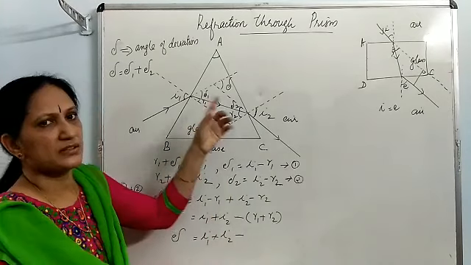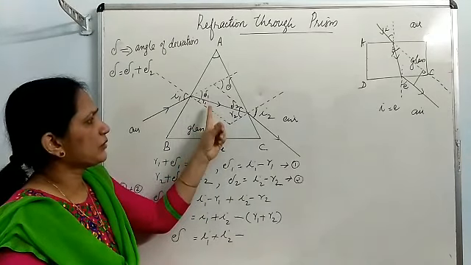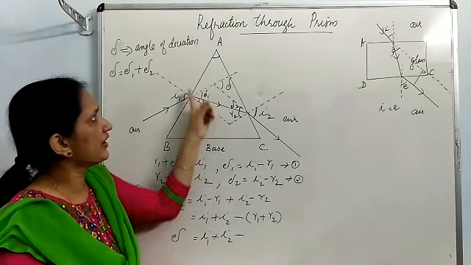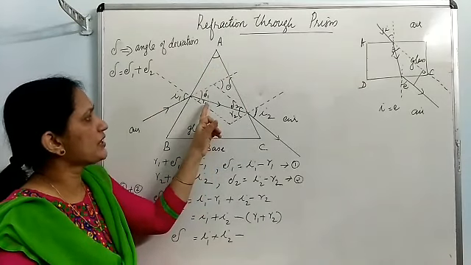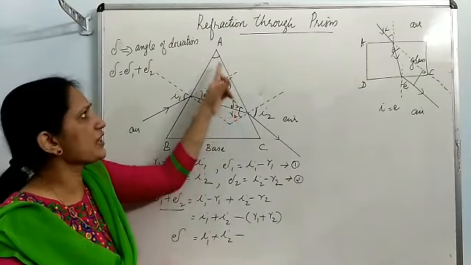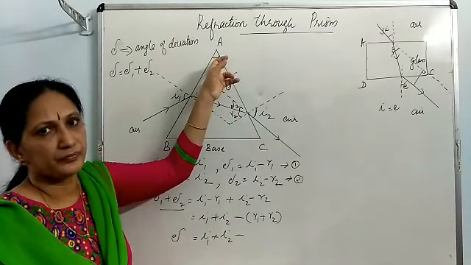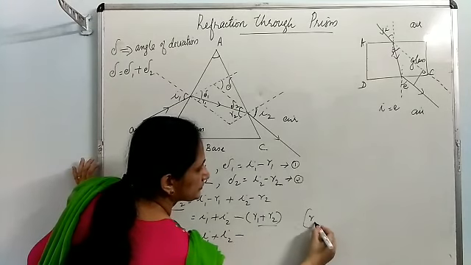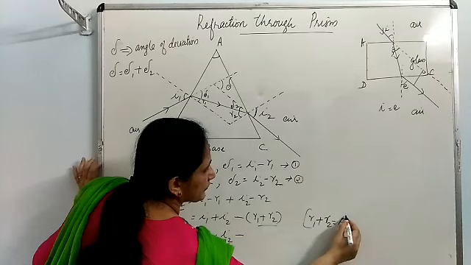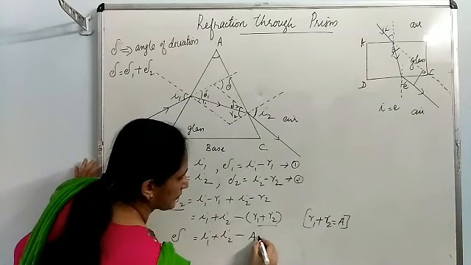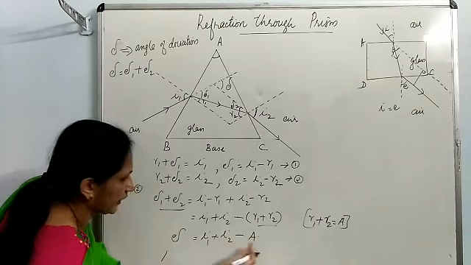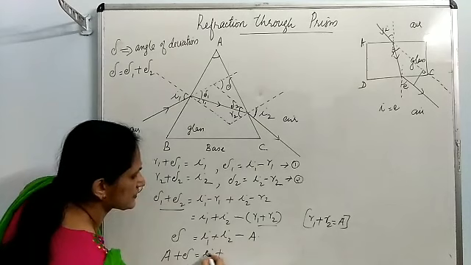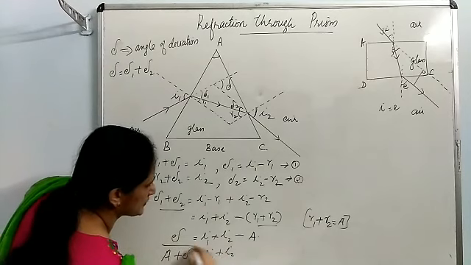That proof I am leaving, but by using this triangle and this quadrilateral, you can prove that R1 plus R2 is equal to angle A. So R1 plus R2 is equal to A. Rearranging the equation, I am bringing A to this side. A plus delta is equal to I1 plus I2. This is the equation.